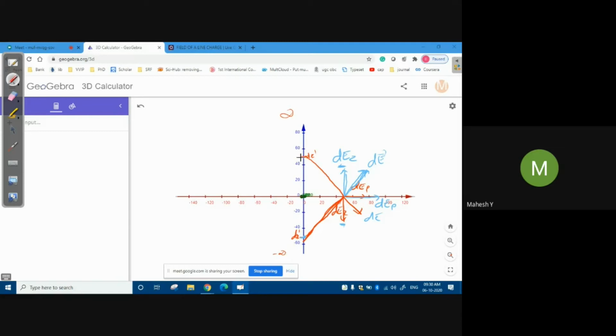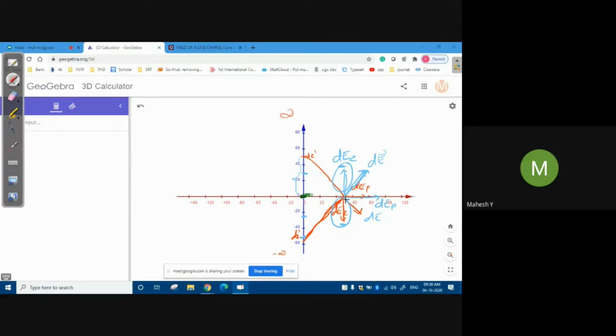So integrating means I'm adding all these effects, right? While adding, this one will be added with this component. So what will happen? What value will you get? Plus dEz plus minus dEz. What will happen? It will cancel, right? If I take any arbitrary dz point here, there will be a similar point here, so that the z component will be cancelled. That is the beauty of symmetry.